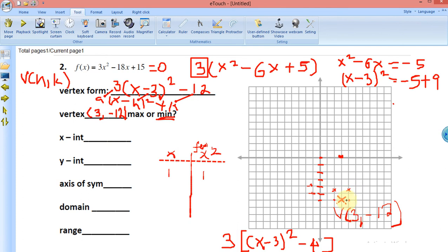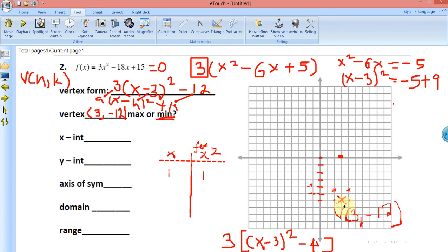So when x equals 3, then when x equals 2, let's check when x equals 1 now. When x equals 1, I have 1 minus 3, that's minus 2. Minus 2 squared is 4. 4 times 3 is 12. 12 minus 12 is 0. Let me confirm that again.